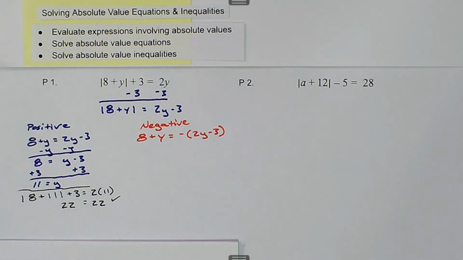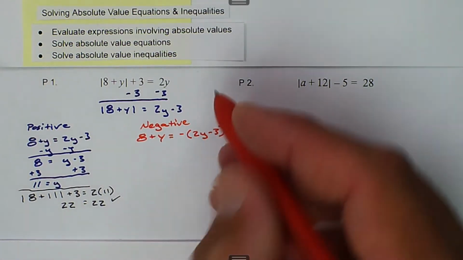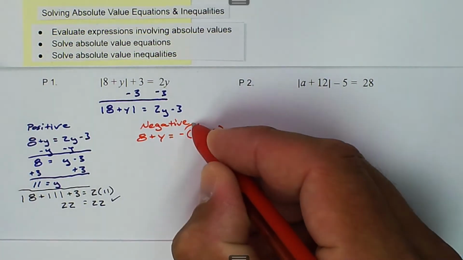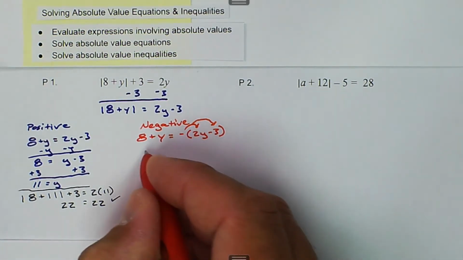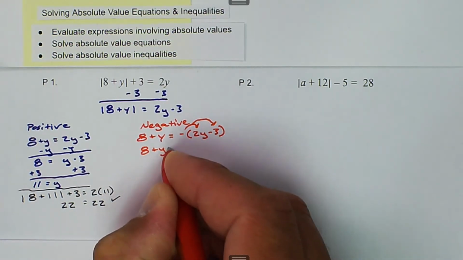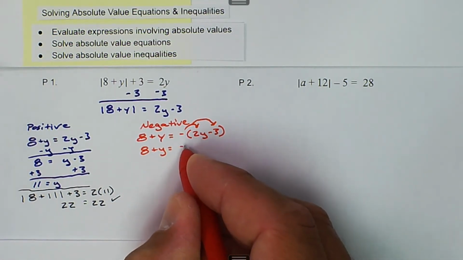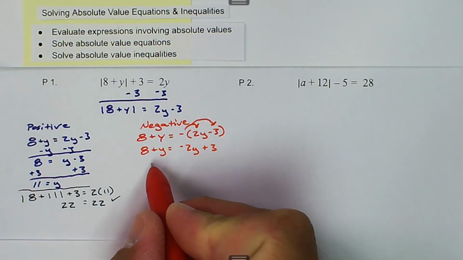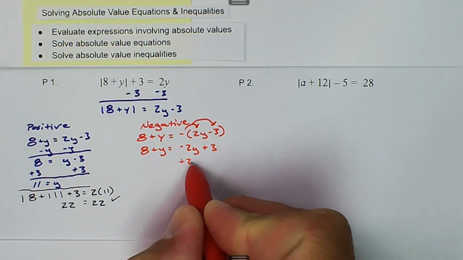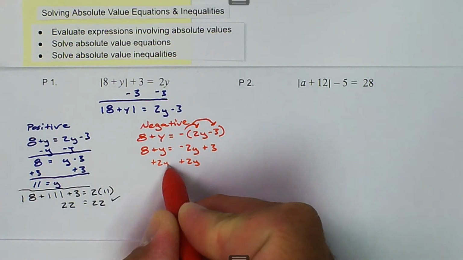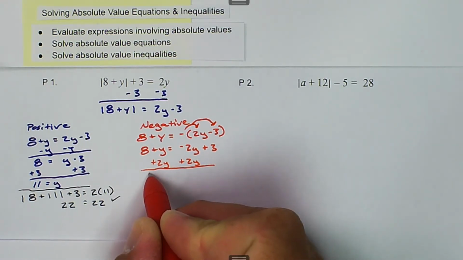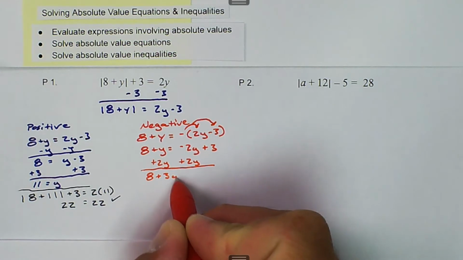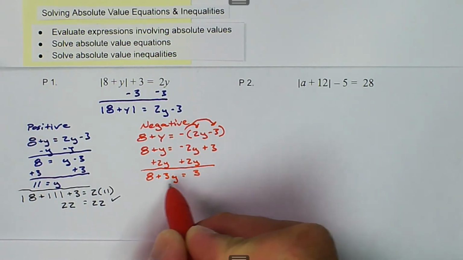The next one we can work on is to check if there's a negative value that will work there. So we have to distribute a negative sign to both terms inside the parentheses. So we get 8 plus y is equal to negative 2y plus 3. Then we can add 2y to both sides, and we get 8 plus 3y is equal to 3.